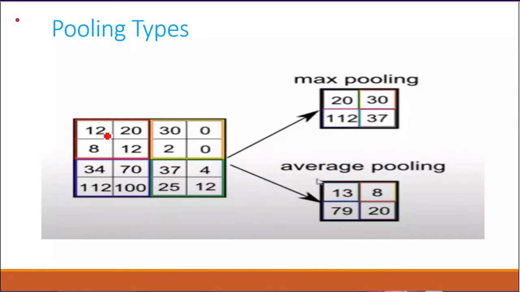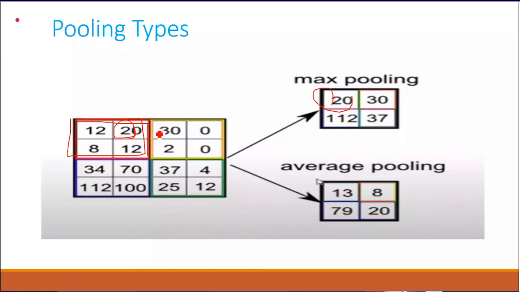So maximum pooling reduces the image size. For example, I take a 4x4 matrix, which I got as output from the convolution layer. The maximum pooling value considered here will be 20, so that will be taken here.